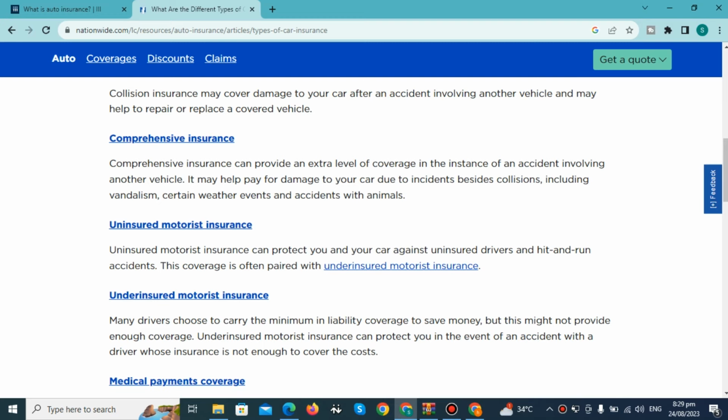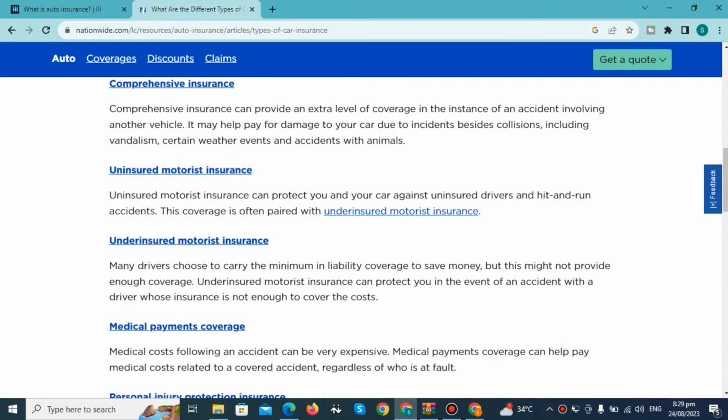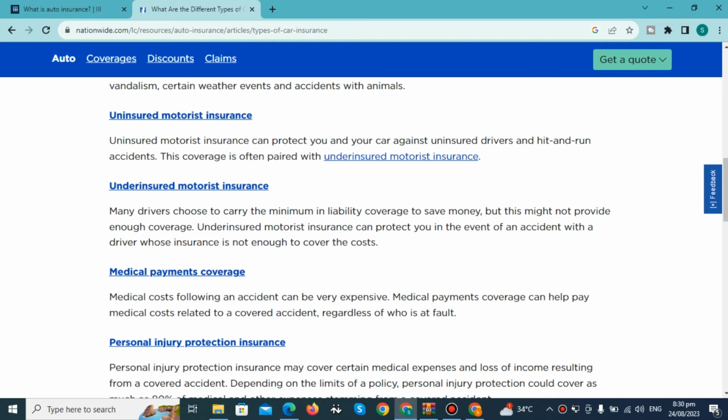Uninsured motorist insurance can protect you and your car against uninsured drivers and hit and run accidents. This coverage is often paired with underinsured motorist insurance.